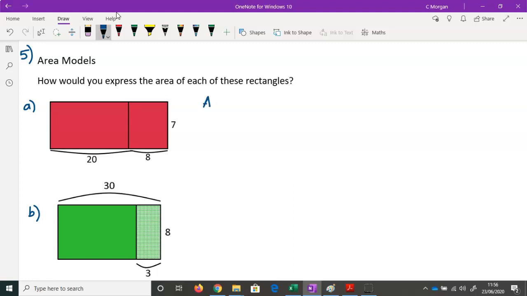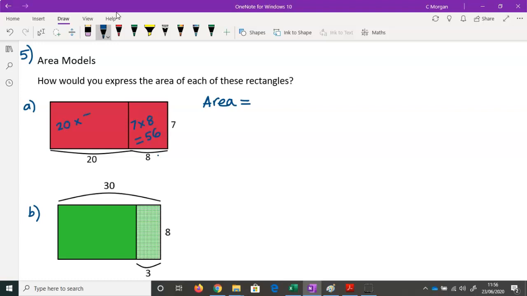Okay, so for the first one, if I was going to be working out the area of this rectangle, I think that I would want to find the area of each one and add them together. So I could work out 7 lots of 8, which is 56. I could also work out the other rectangle if I know that it's 20 along the base and 7 high.